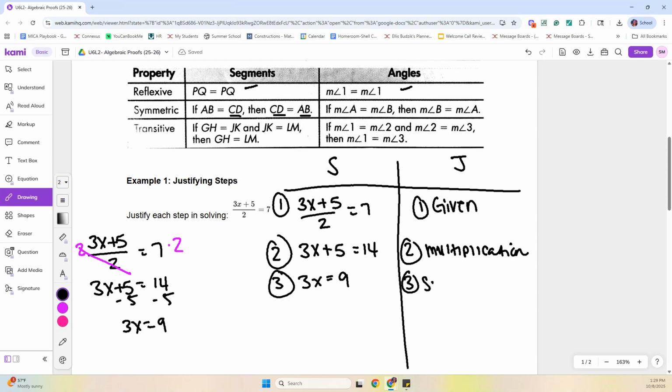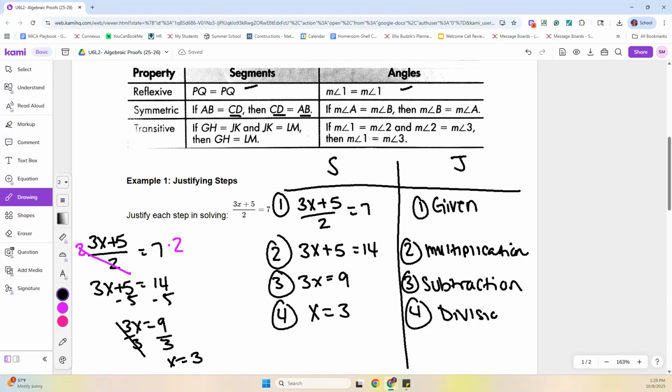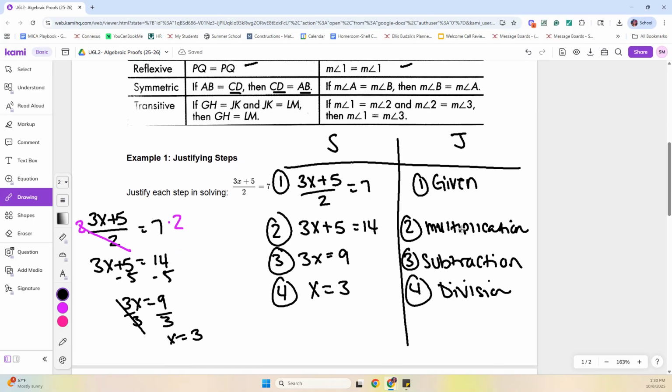So subtraction. Next, I would divide by 3, and I'd be left with x equals 3. So my fourth step, divide by 3, I get x equals 3. And how did I get that? I just divided, so division. And that's it. That's my proof for how x equals 3 here.